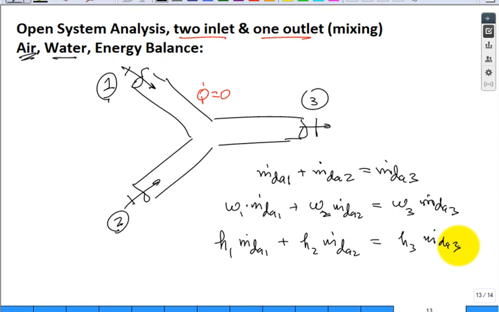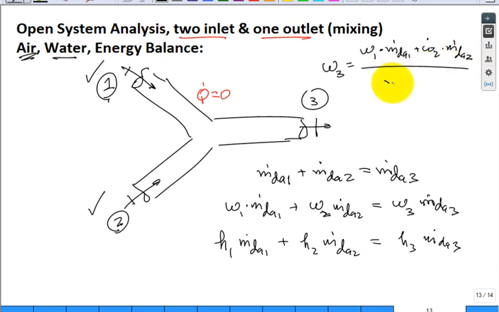A lot of times you're given the inlets and asked to find the conditions on the outlet. If you're asked to find what omega 3 is, wouldn't it be omega 1 times m dot dA1 plus omega 2 times m dot dA2, divided by m dot dA1 plus m dot dA2?